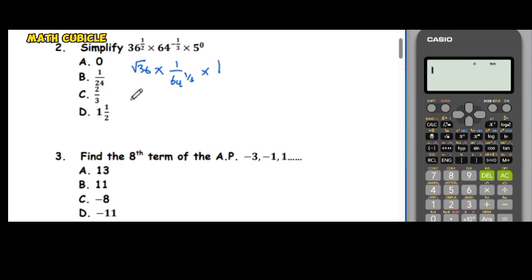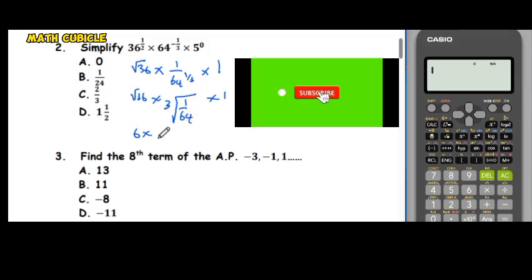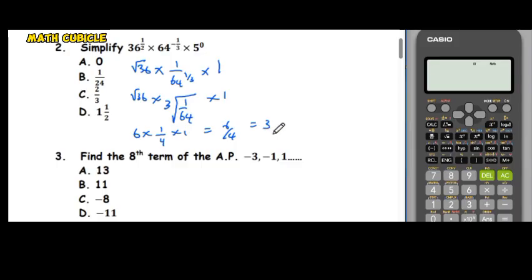So this becomes root 36 times cube root of 1 over 64 times 1. Square root of 36 is 6, times 1 over cube root of 64, which is 4, times 1. That becomes 6 over 4, that's 3 over 2, that's one whole number, 1 over 2. So option D is our answer here.